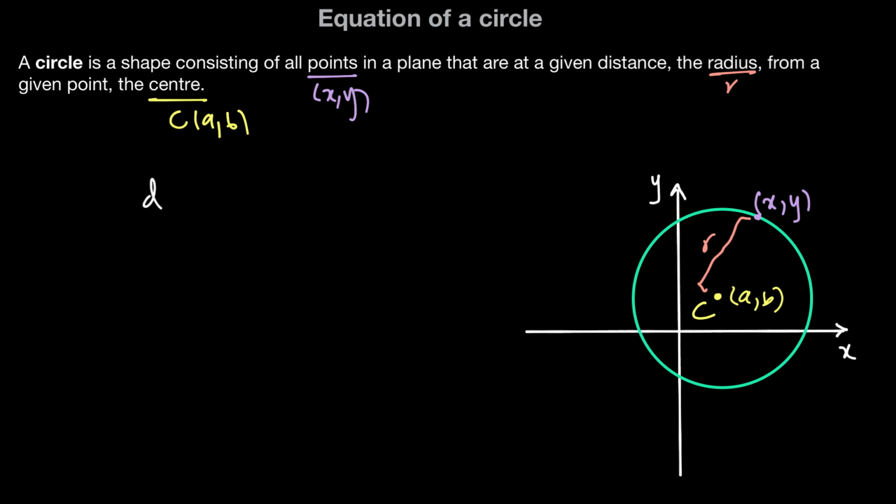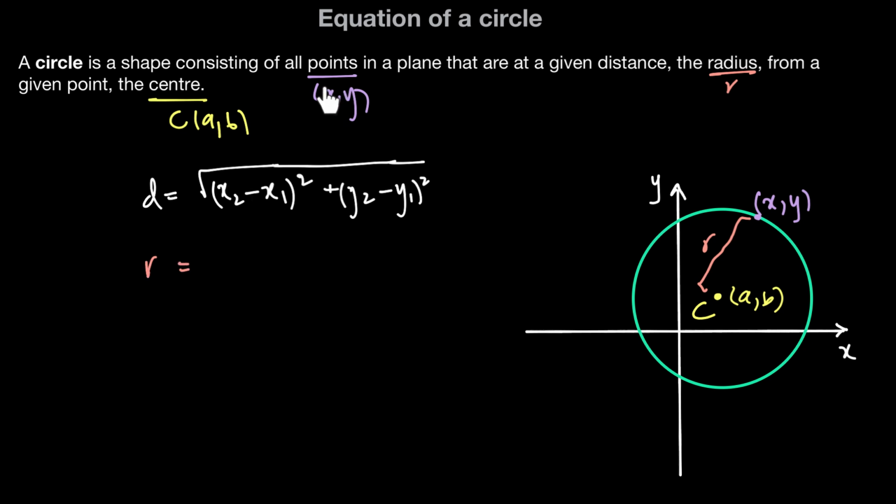The distance between any 2 points is the square root of x2 minus x1, the whole thing squared, plus y2 minus y1, the whole thing squared. So now we know that the distance from the center point to any point on the circle is just the radius r.